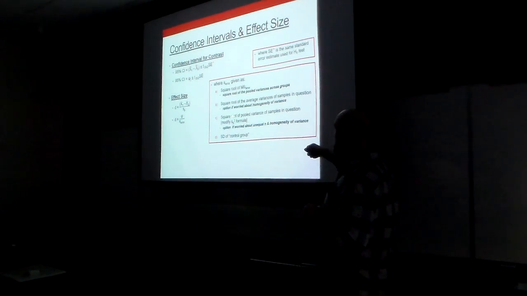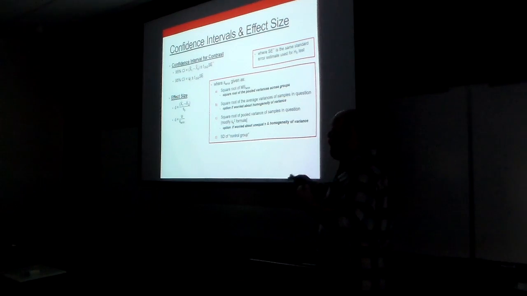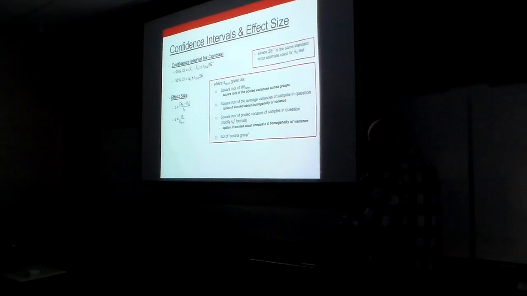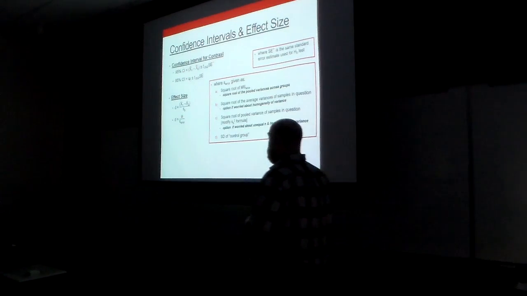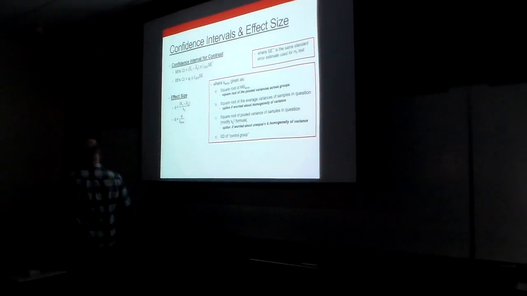Or what I can do, so I don't have equal sample sizes though. Maybe I have unequal variances and unequal sample sizes. So now I want to go through and have some corrections here. And so what I can do is take the square root of the pooled variances of the samples in question. This is just going to be a modification of your pooled variance estimate, right?